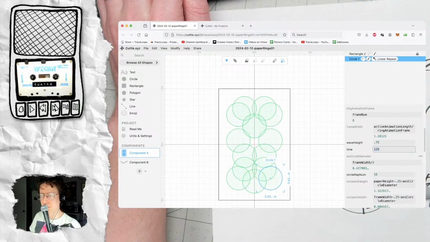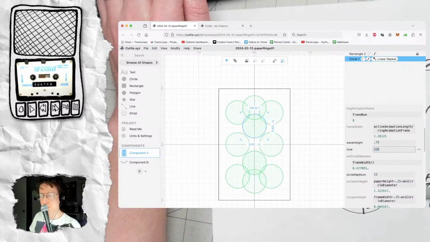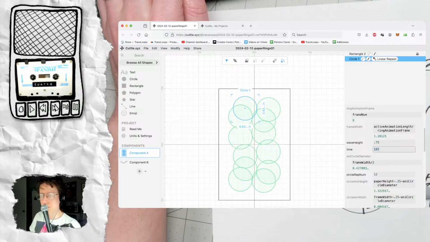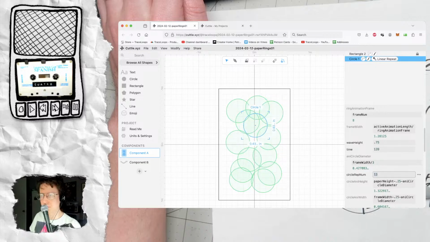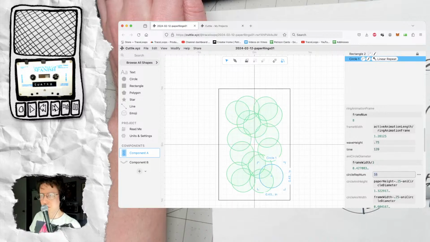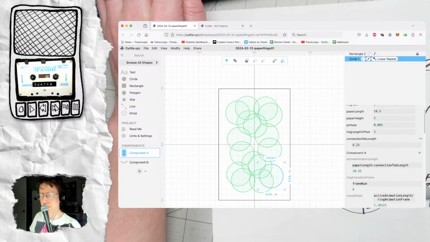It's too many. Just gonna make this. What's the size of these?